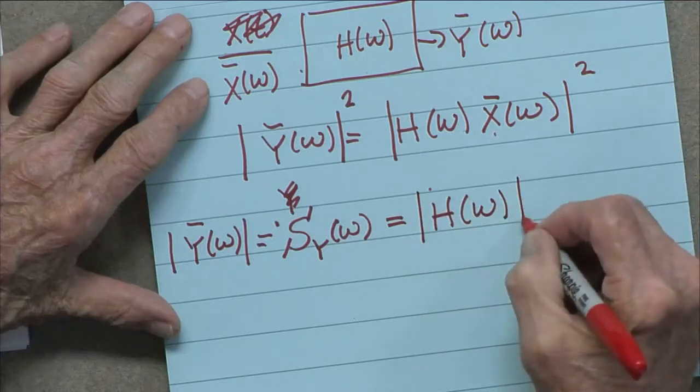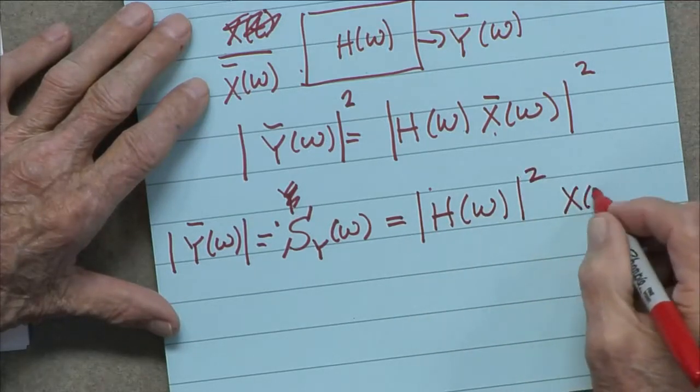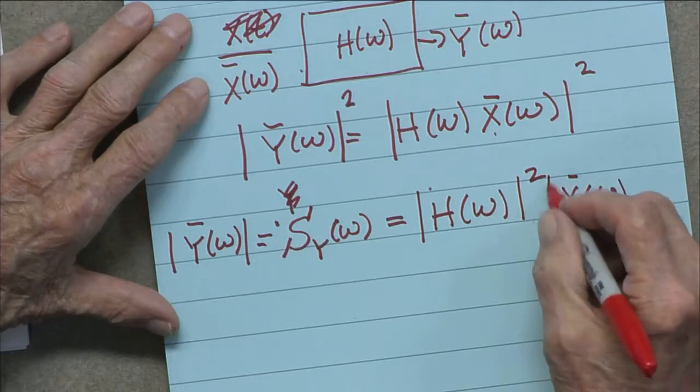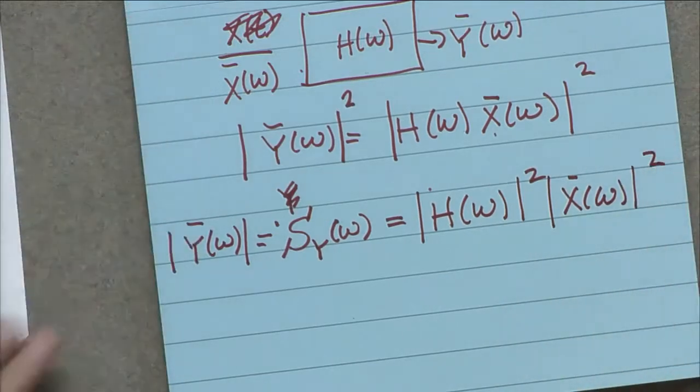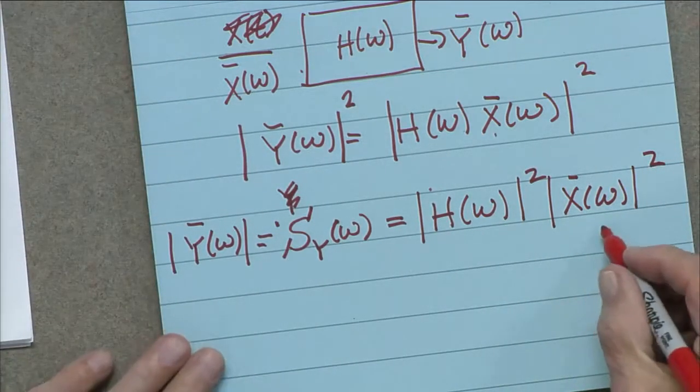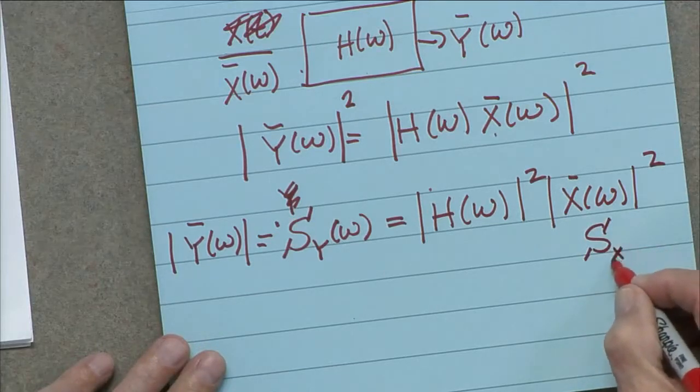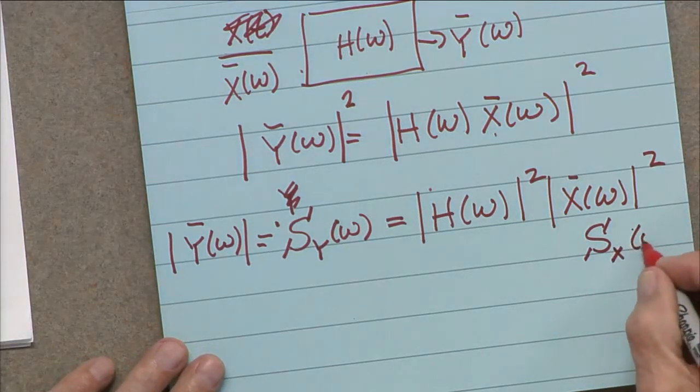It's H of omega squared times X of omega squared, and this is S_X of omega.